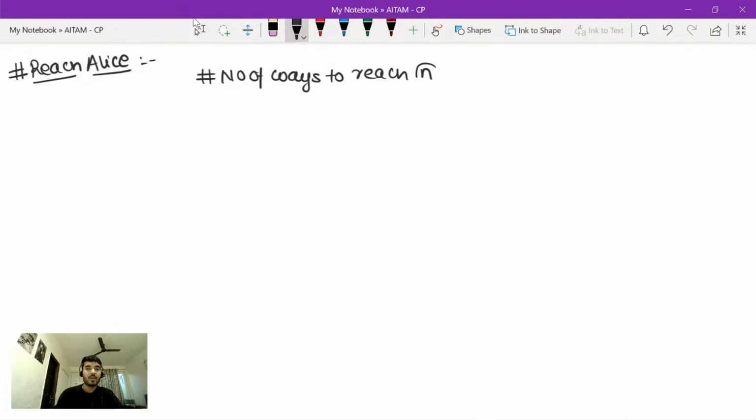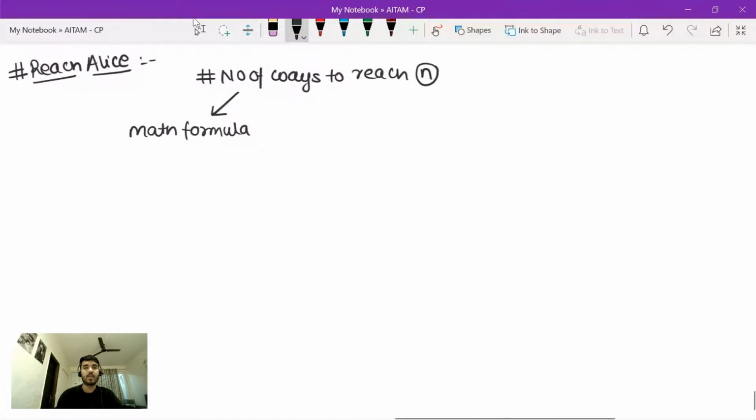And not just in this problem, for all such problems where you need to count the number of ways to reach n, there exist only two possible approaches. Either you come up with some mathematical formula, or you find a recurrence relation.